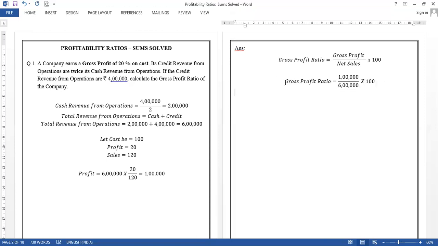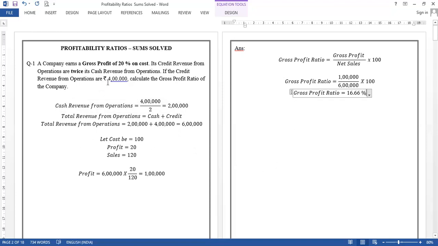So the gross profit ratio will be equal to 1 lakh by 6 lakh into 100. So the answer is 16.66%, right?